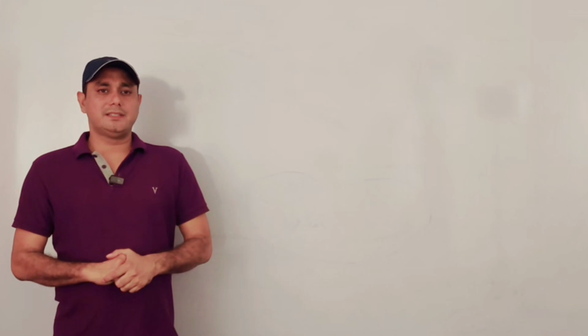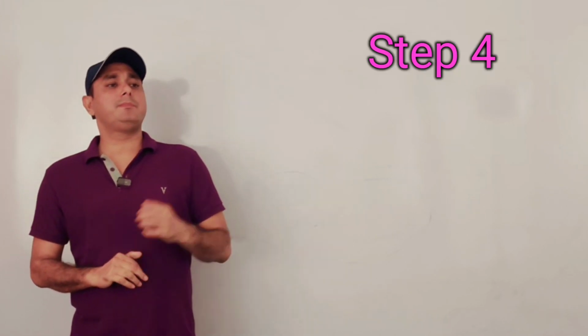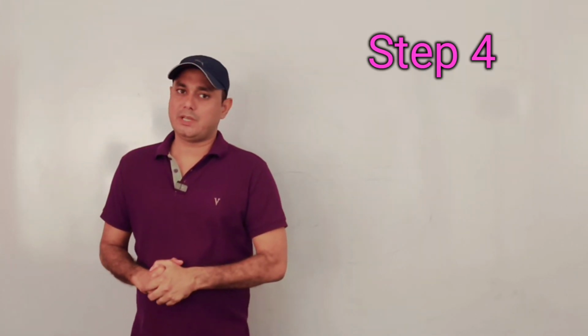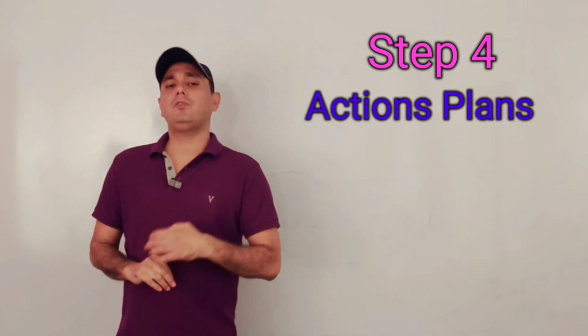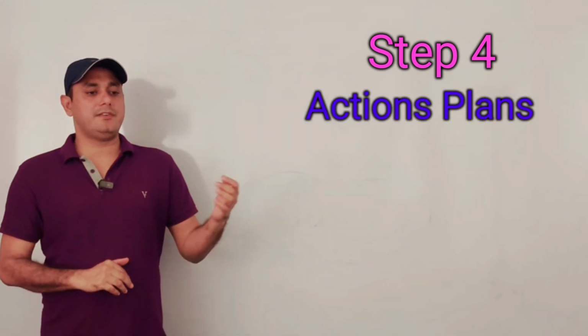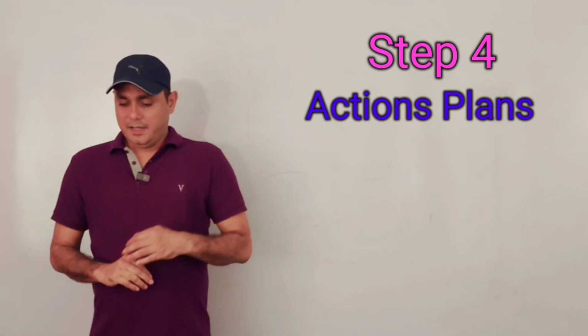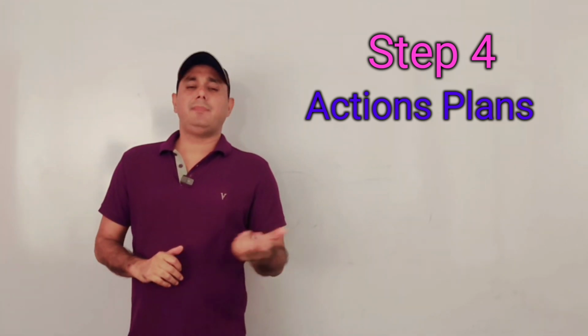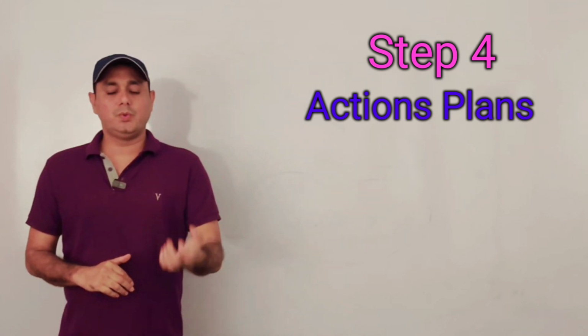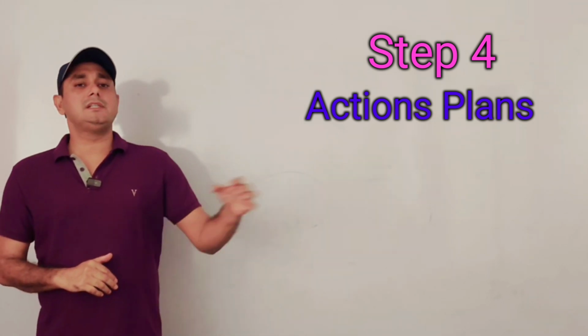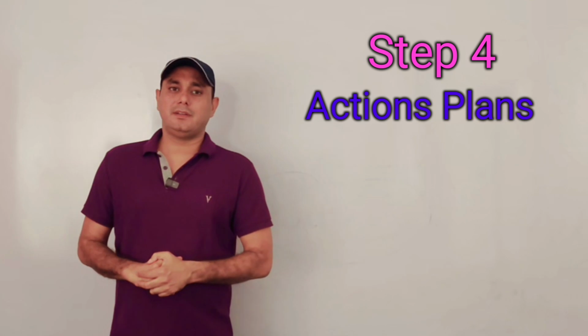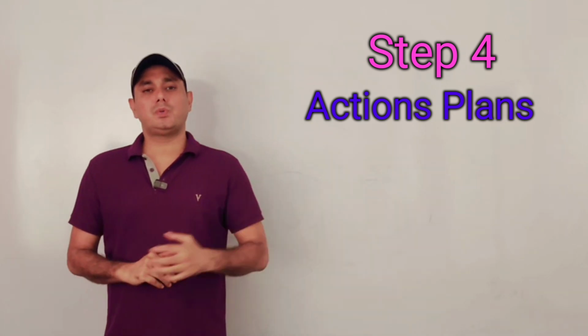Okay, after doing this, you need to prepare action plans. The next step is scheduling. What will be your actions for each and every department? Maybe the marketing department decided to act for a digital campaign for the first quarter, and for the second quarter they will go for a road show.